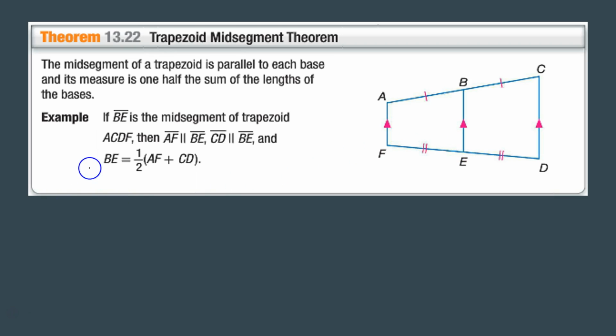But also notice this little formula here. This is going to be key for you guys. That BE is equal to 1/2 of AF plus CD. And there we go.